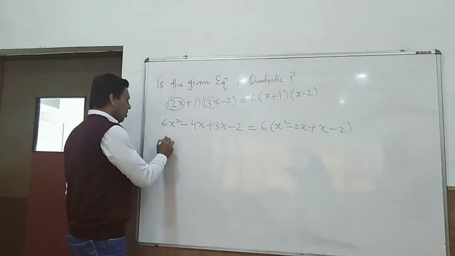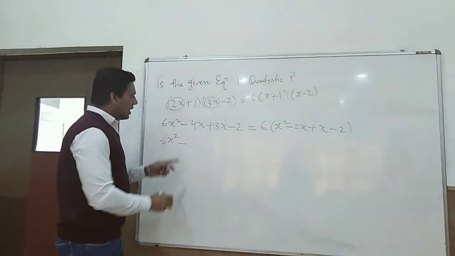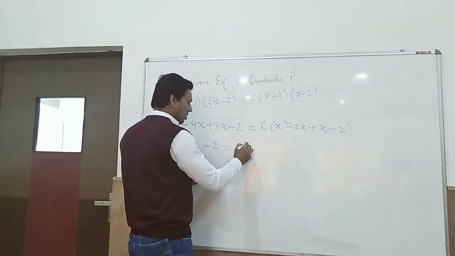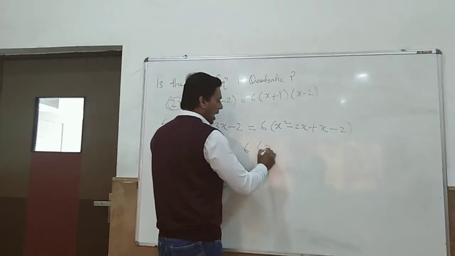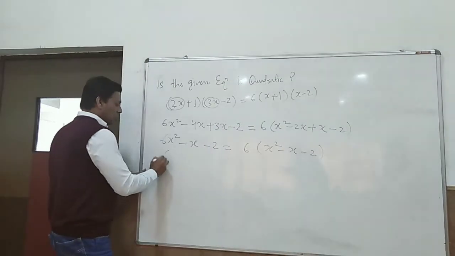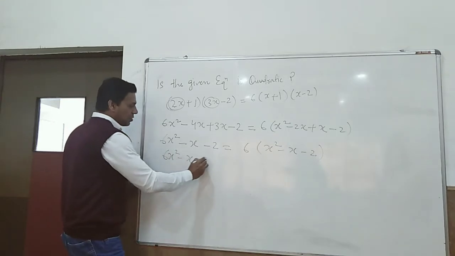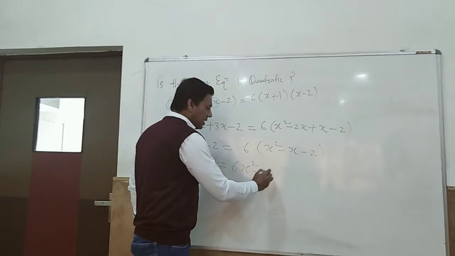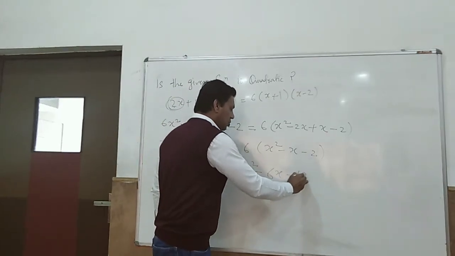Okay, so solving first left hand side, minus 4x plus 3x is minus x and minus 2. Then on right hand side, 6 into x square, then minus x, then minus 2. So 6x square minus x minus 2 equal to 0. Multiply 6x square minus 6x and minus 12.